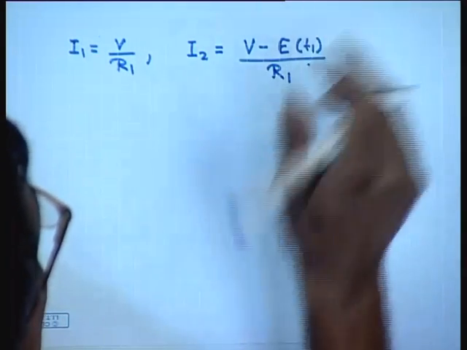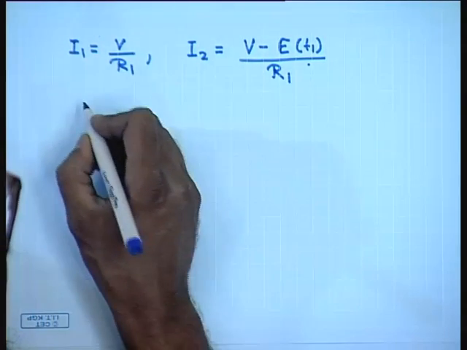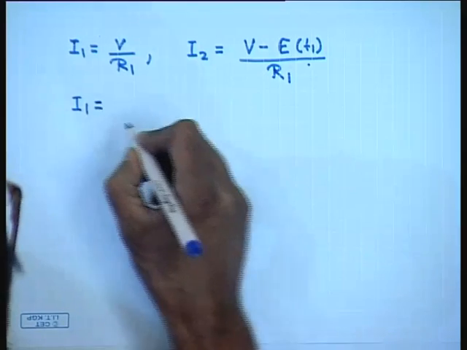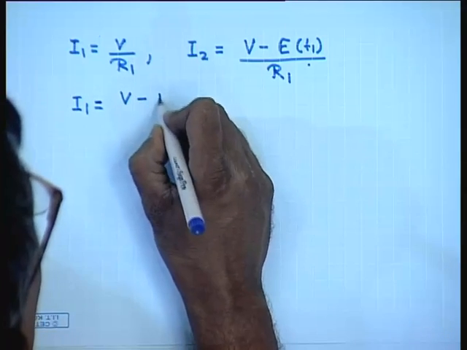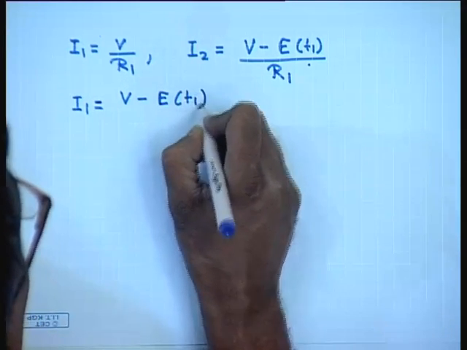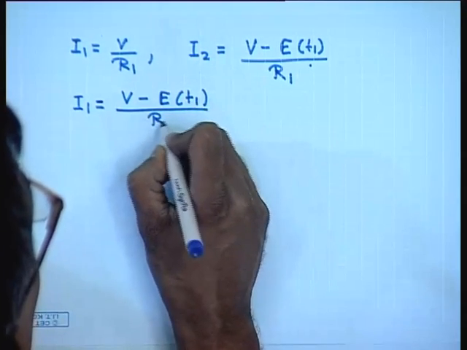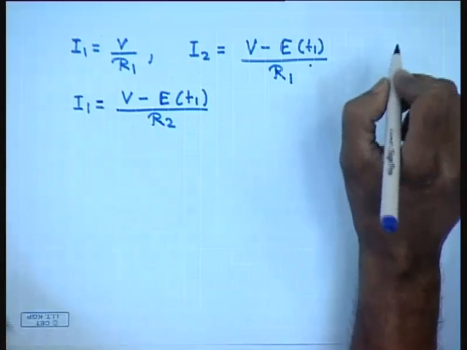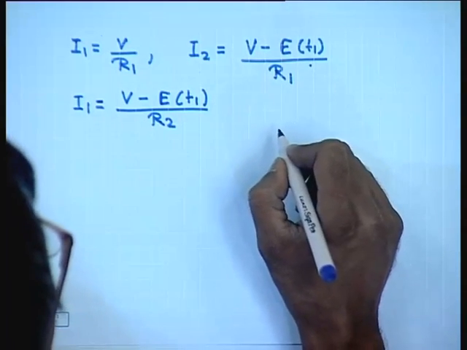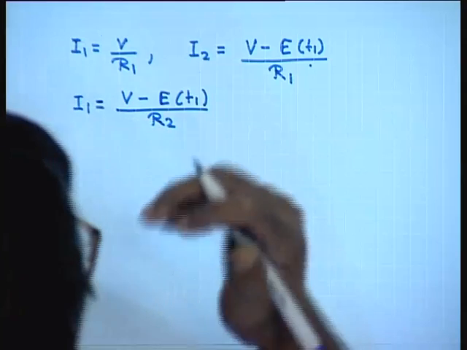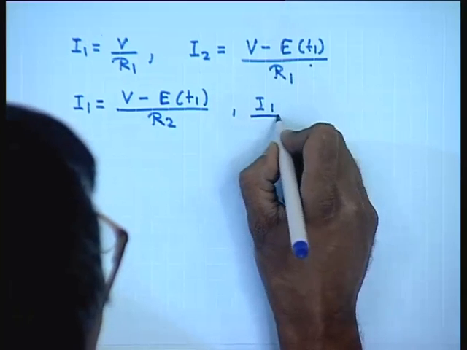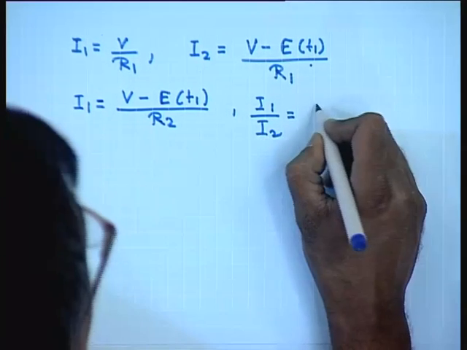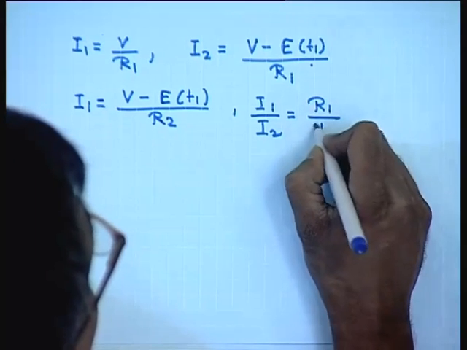Since the back EMF depends only on the speed and speed cannot change instantaneously, we can also write I1 equal to V minus E at t1 by R2. Therefore, from here we have I1 by I2 equal to R1 by R2.